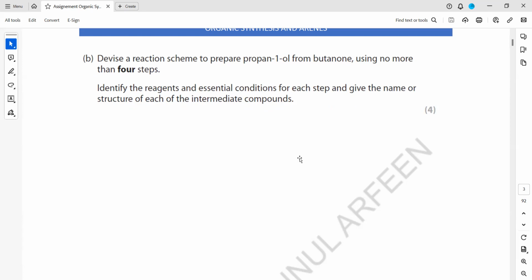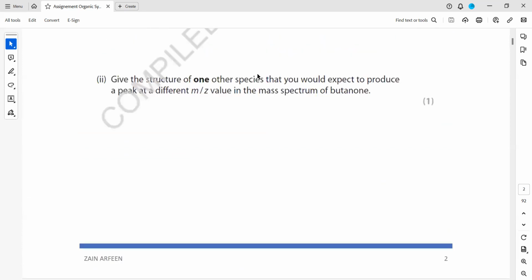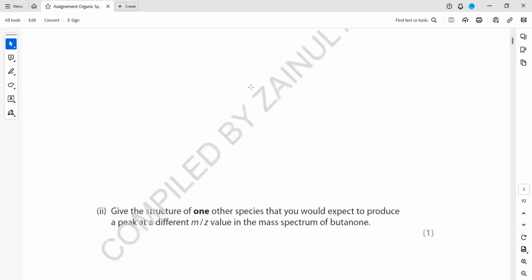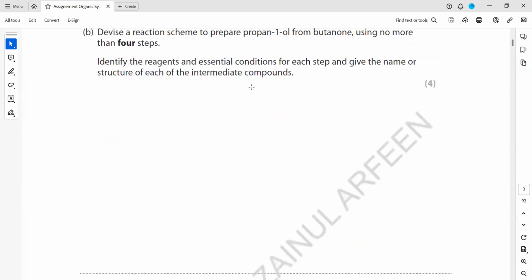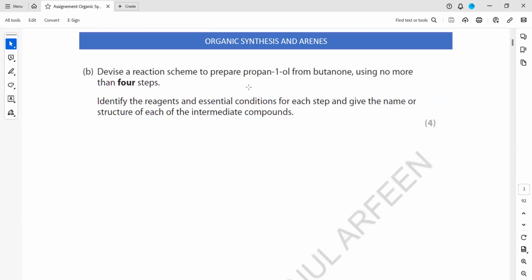So first, what we do, we will react this butanol with iodine. That is also the iodoform reaction. We have butanol given here, the structure of butanol. So this is butanol.